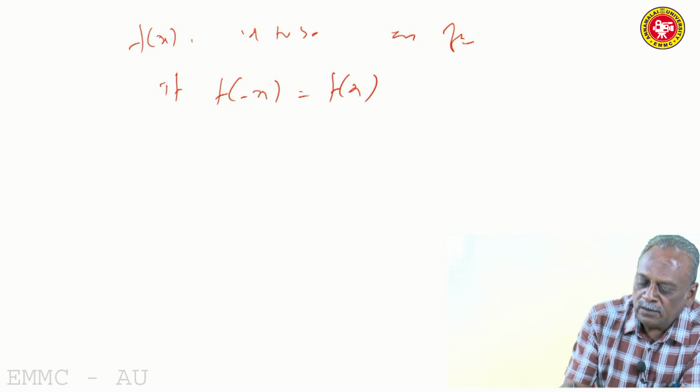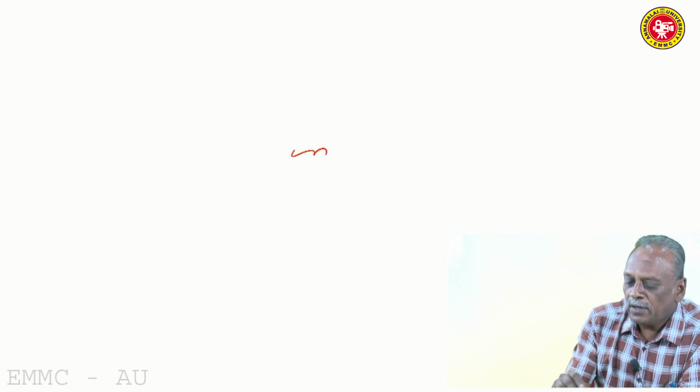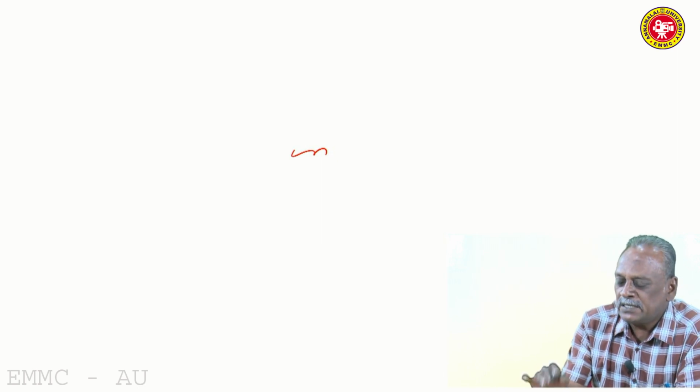For example, f of x equal to cos x. So f of minus x equal to cos of minus x, and cos of minus x equals cos x. So f of minus x equal to f of x. So this function is an even function.